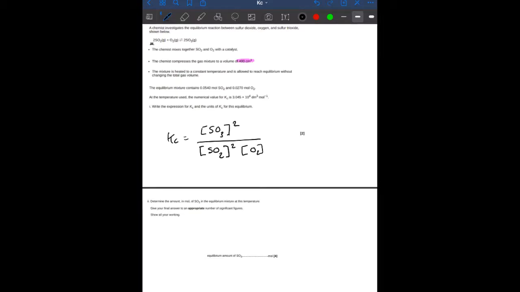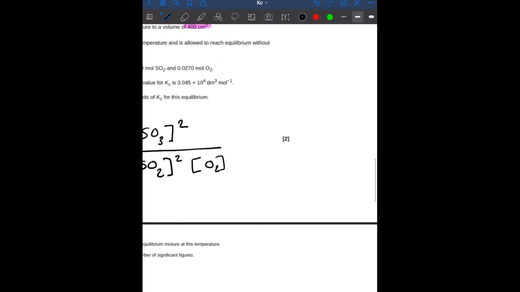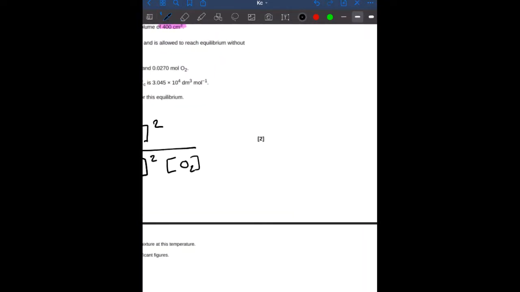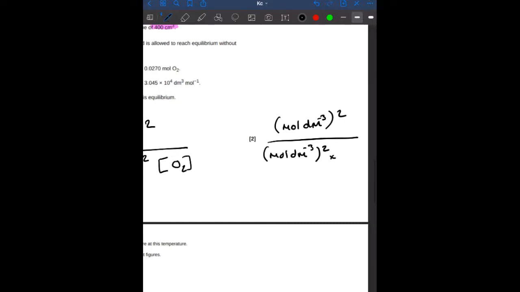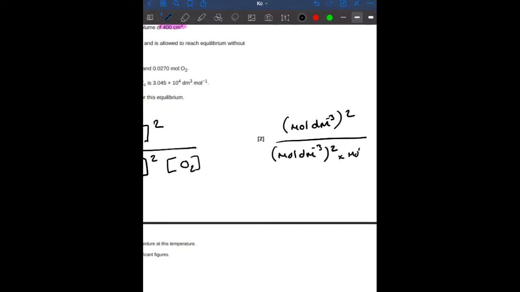Second mark comes from the units. So let's move over to the side. We have got concentration squared, moles per decimeter cubed, squared, divided by moles per decimeter cubed, squared, times by moles per decimeter cubed.